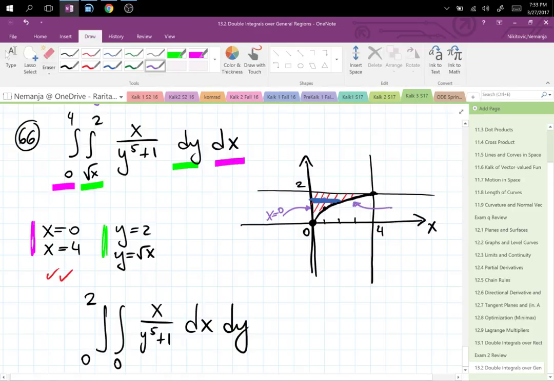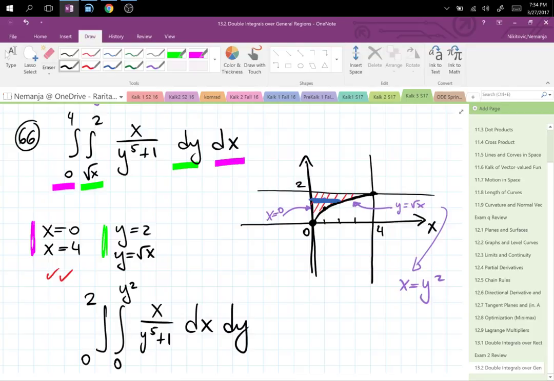And we know that this function here is y equals root x, but we have to write it as x equals stuff, which transforms into x equals y squared, which is your upper limit. We have to write it in terms of y because it is a dy rectangle, and because you're integrating with respect to x, it has to be x equals a function and x equals a function. So when you solve this piece for x, it's going to be x equals y squared, so that goes up there.